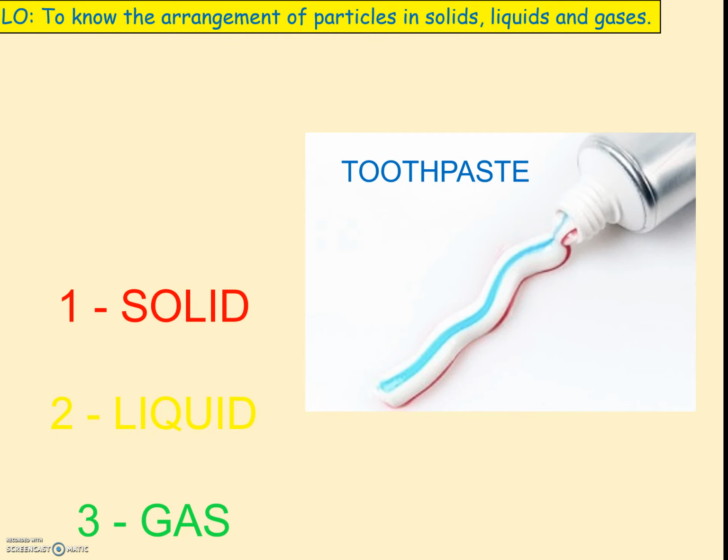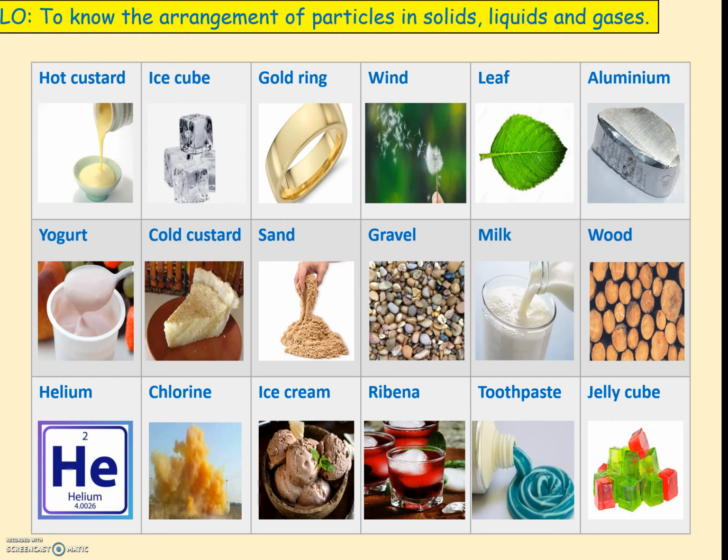Now, here is an activity for you to do. Please pause the video. In front of you, you have got a presentation which has lots of different objects. You need to decide if these objects are solids, liquids, or gases. So you're going to write hot custard. Is that a liquid, solid, or gas?